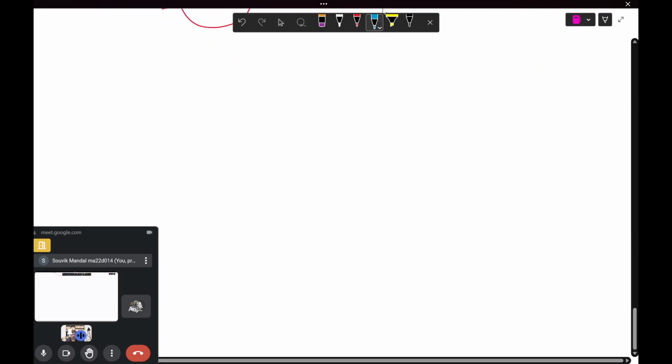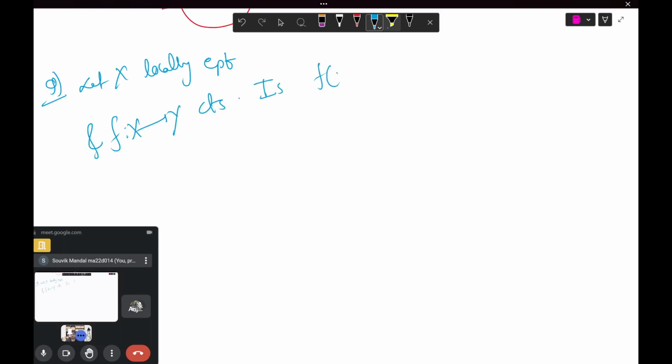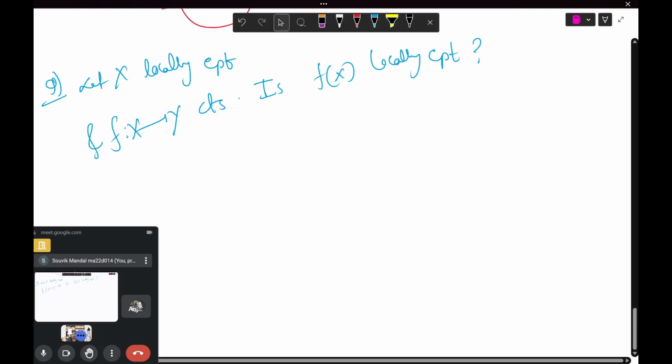Now, as we have seen in the case of compactness and connectedness, the continuous image of a compact space is compact. But in local compactness, such a thing is not true. So for this, first give a counterexample. For the locally compact situation, this is not true, but try to give a counterexample.